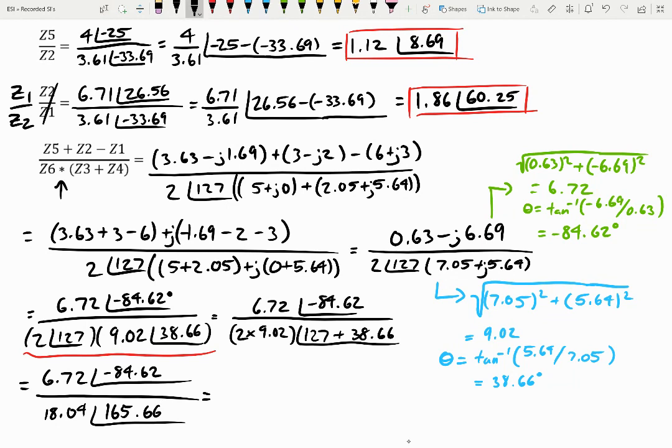Okay, and then for our final act, 6.72 over 18.04. Divide those magnitudes, and then we'll subtract the angles.